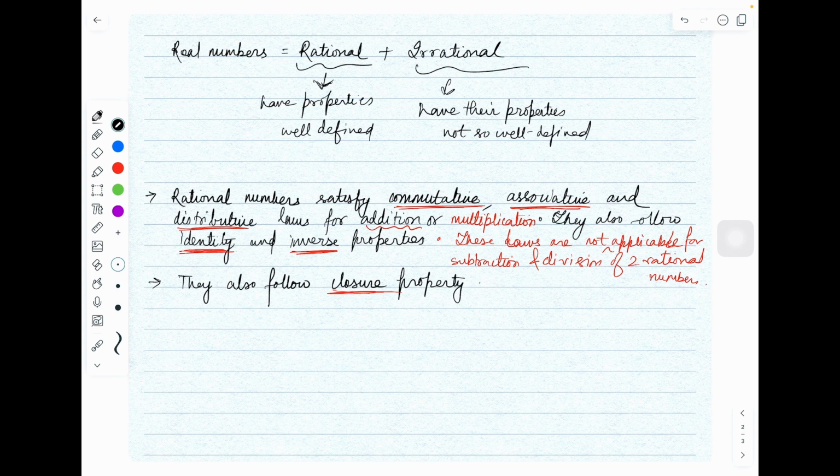And they also follow closure property. That means rational numbers follow closure property. So we will start with the first property, that is closure property.